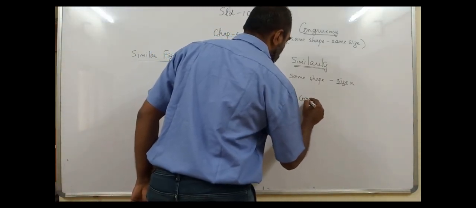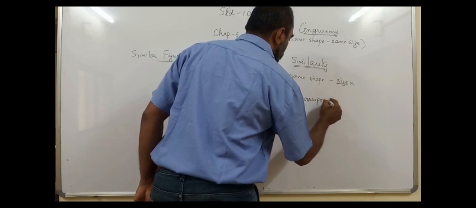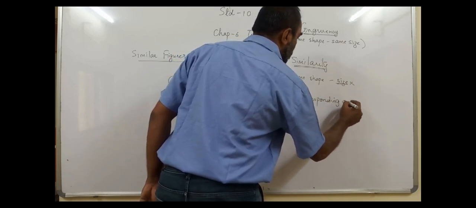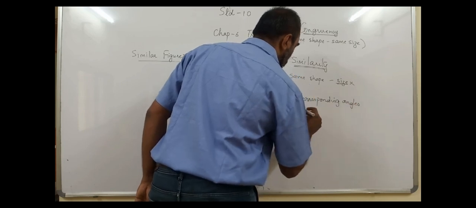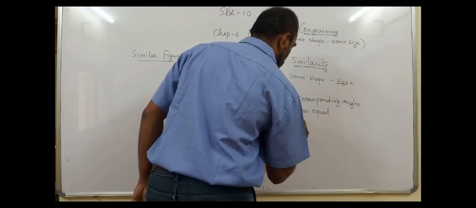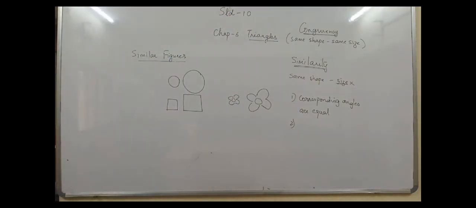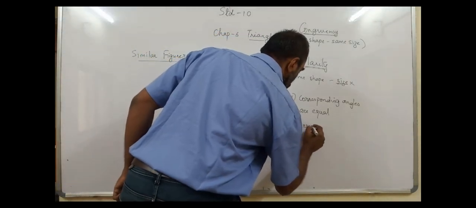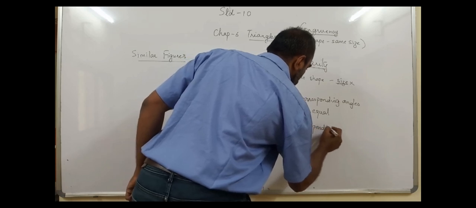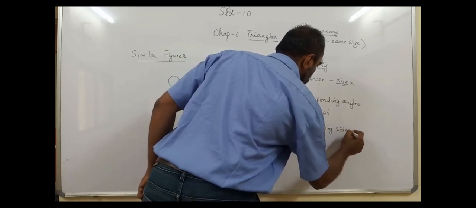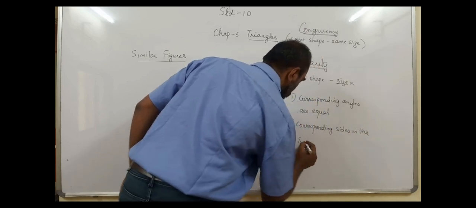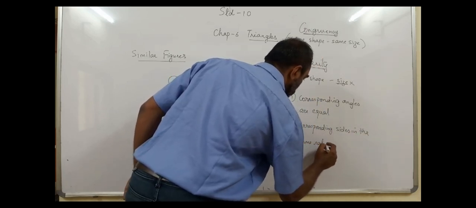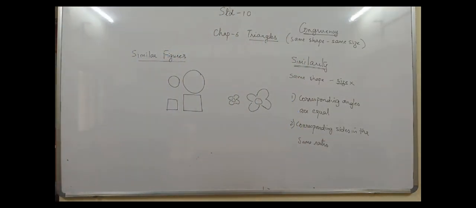First condition, corresponding angles are equal. And condition number 2, the corresponding sides are in the same ratio. So these are the two conditions for similarity.